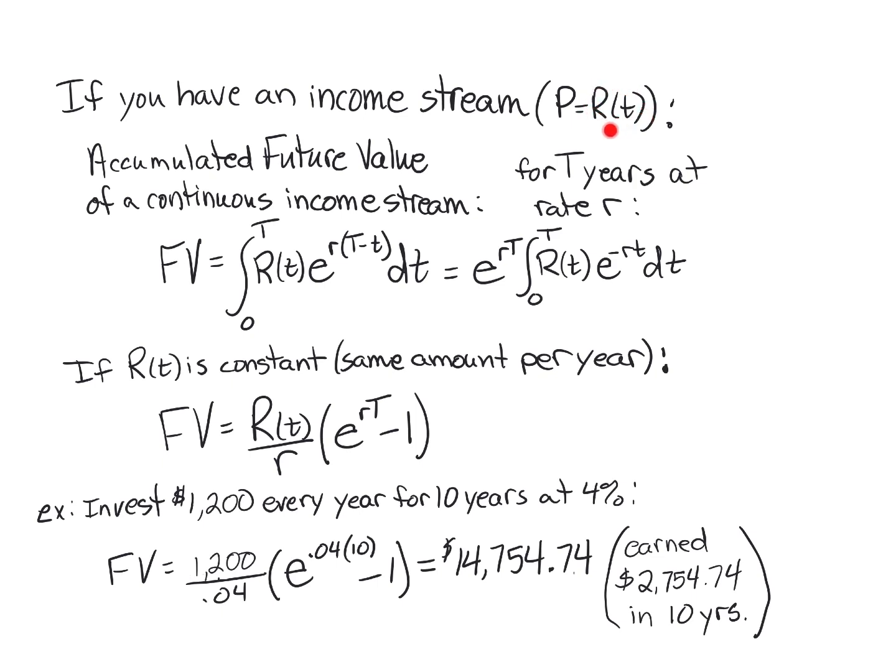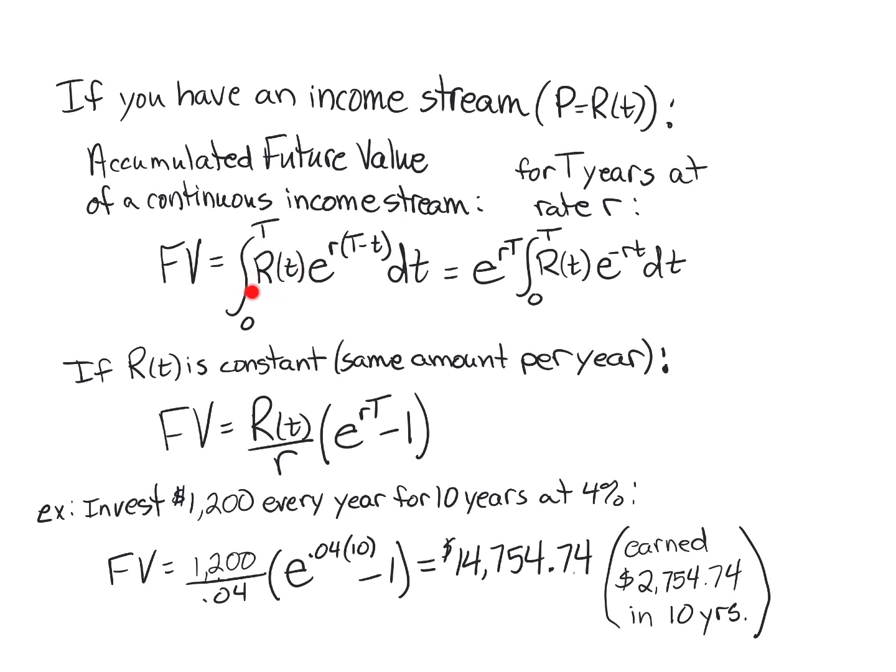There are a few equations where the rate is changing in a linear fashion, for instance, it's going up by a particular amount each year, but they've done everything in years because the rate is an annual rate, and we always use t in years, so they've kept it a little bit simple for us. So if you are depositing a certain amount each year instead of a lump sum at the beginning of the life of the investment, then you're going to have to integrate to get this future value.